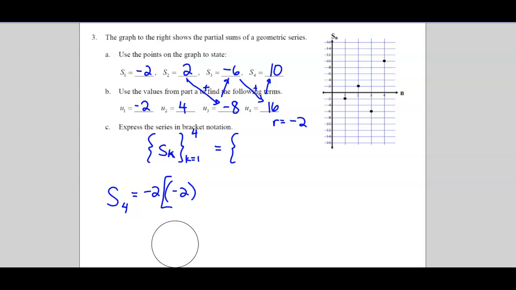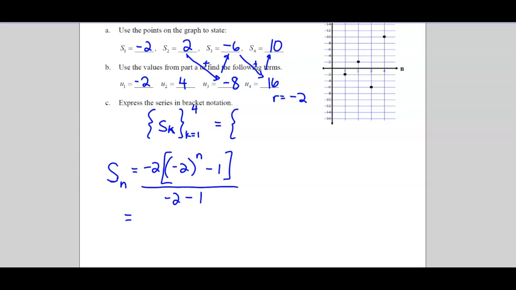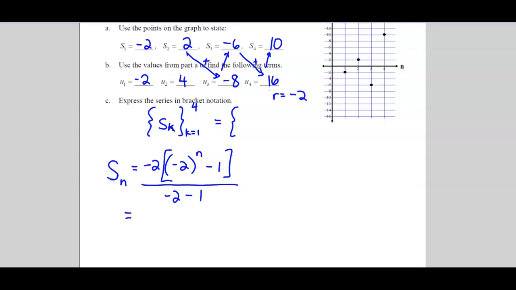Actually, we need to do the general case, sorry. So, what's that? That's going to be -3. So -2 over -3 is 2 over 3. We need to keep the -2 in the brackets. Okay, so I'll use big square brackets.